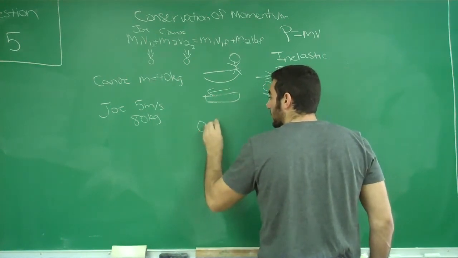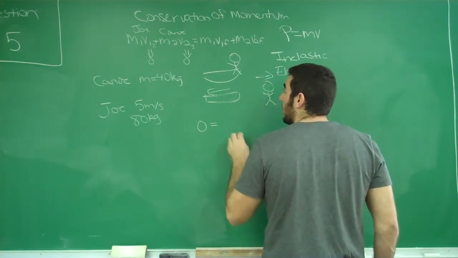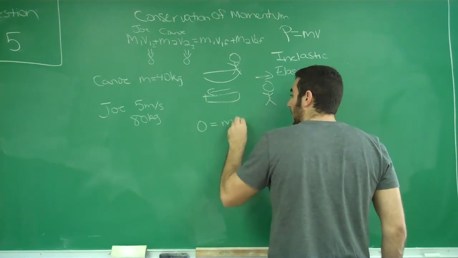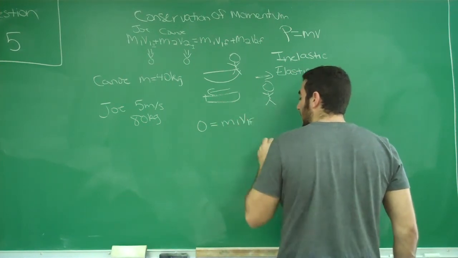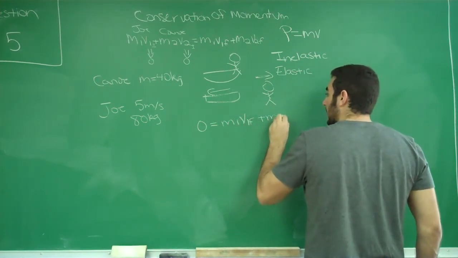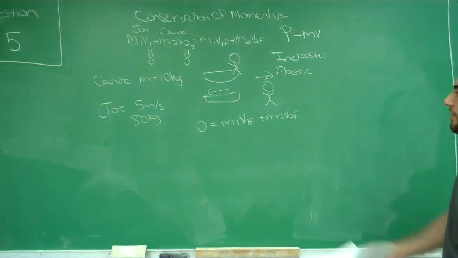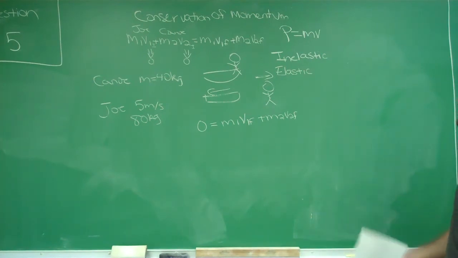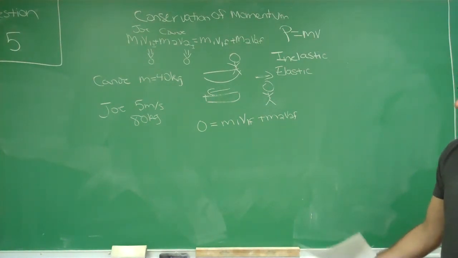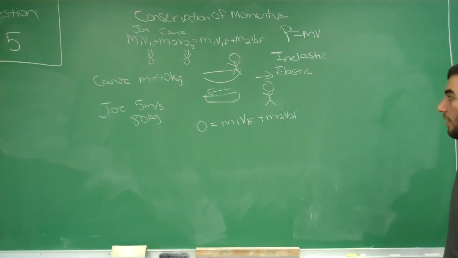So when we go to solve this equation, 0 is equal to m1 v1 final plus m2 v2 final. So we know that it needs to equal 0. And this is where we get the recoil problem, kind of like a gun shooting a bullet out and the gun going backwards.